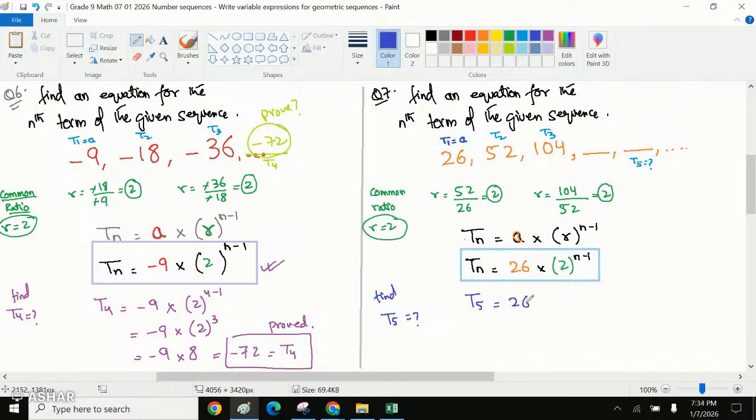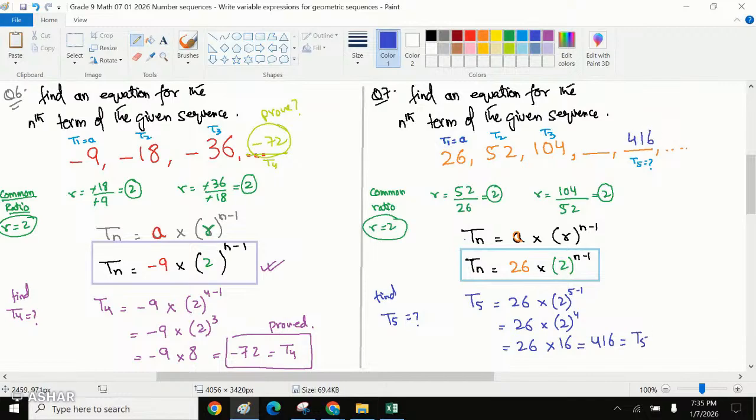That means 26 multiplied by 2 to the power 5 minus 1, and we know that 2 exponential 4 is 16, and 26 multiplied by 16 comes out to be 416. That would be term number 5.